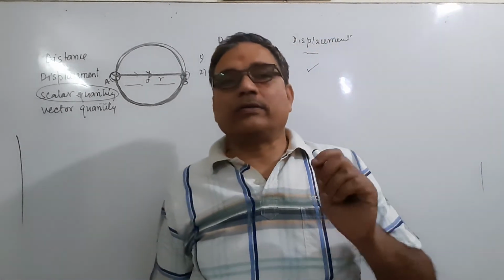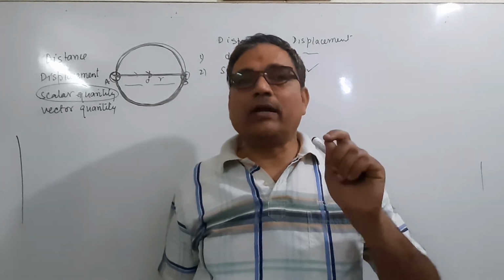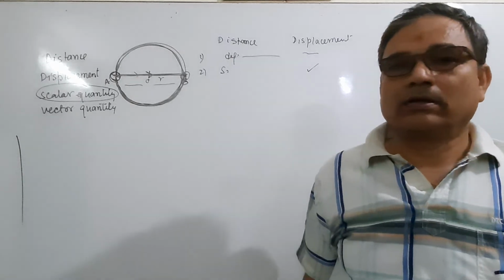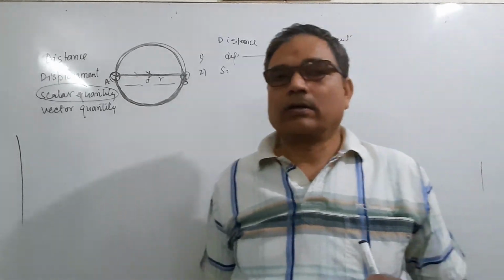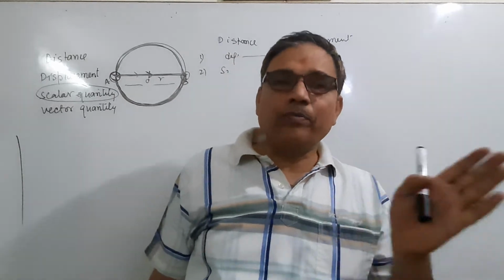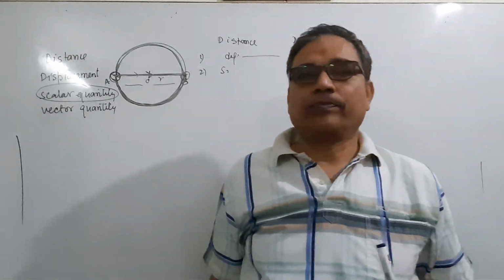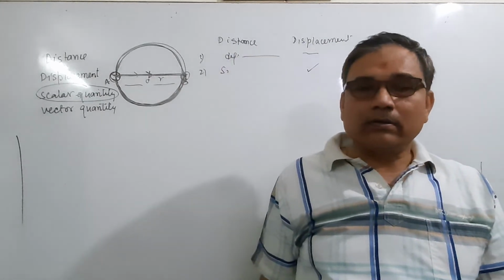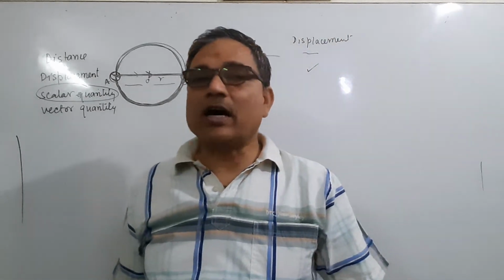Now the instrument which is used in an automobile to measure the distance, how many kilometers we have covered today. If the charge is per kilometer, then how can you pay the charge?